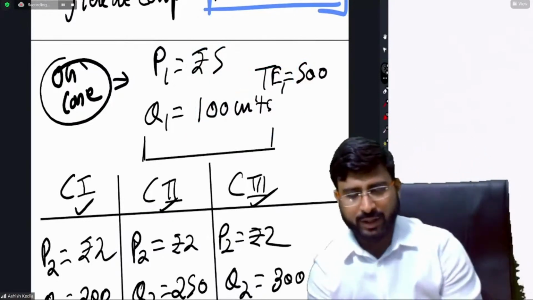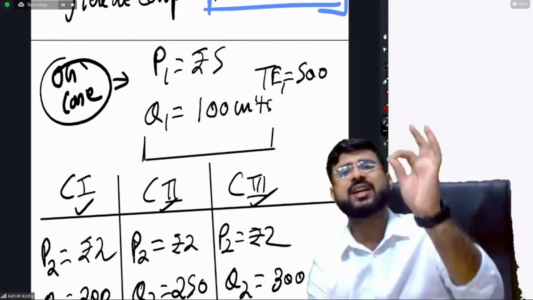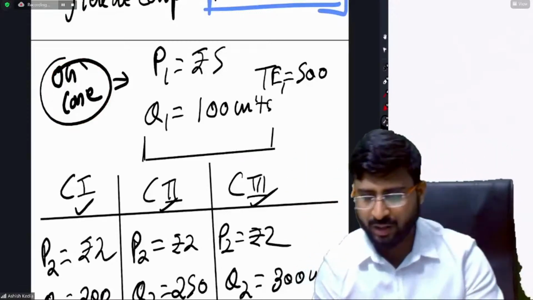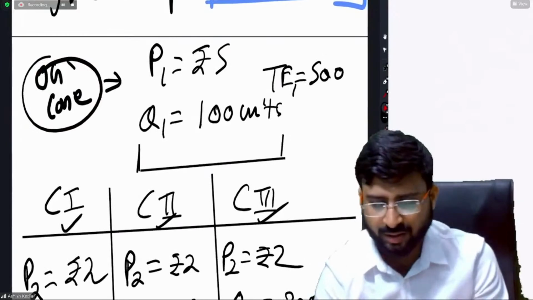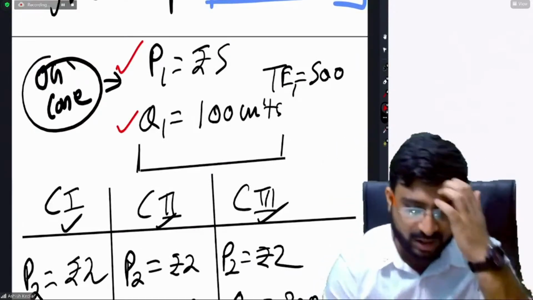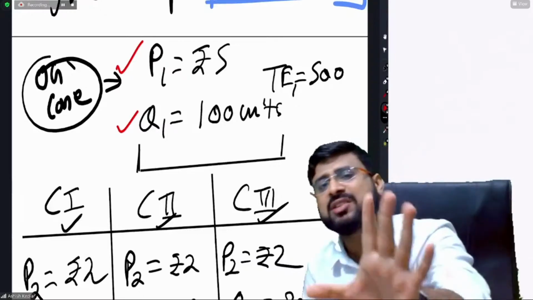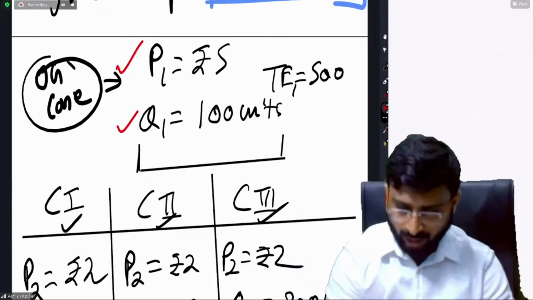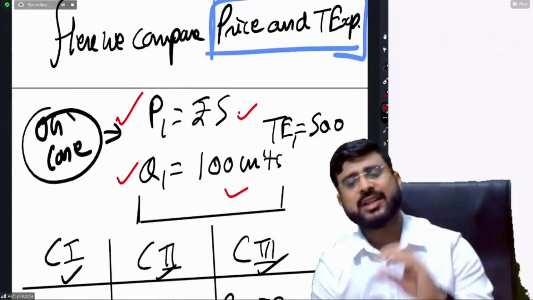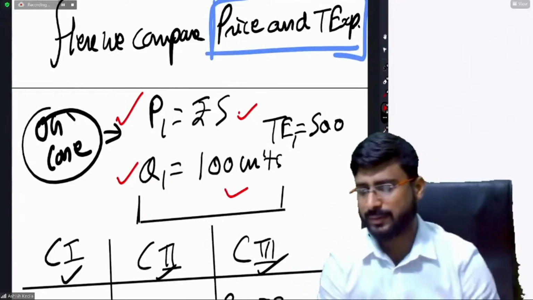Okay. So everybody, suppose we take an original case. Suppose the original price is ₹5 and quantity is 100 units. You will tell me what is the original total expenditure. If original price is 5, original quantity is 100, then what is the total expenditure?